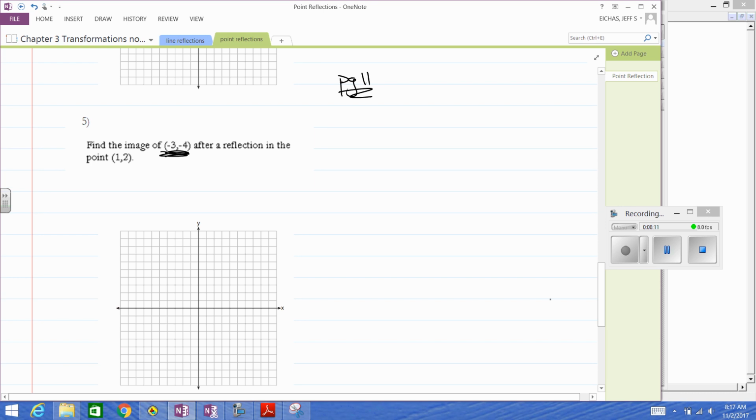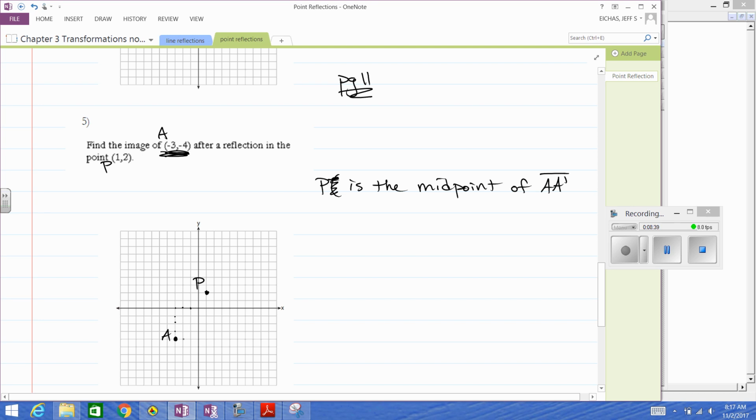Okay, so here's negative 3, negative 4, and here's the point 1, 2. Let's just call those A and P, right? Remember, if you're reflecting through a point, P is going to be the midpoint of A to A prime.